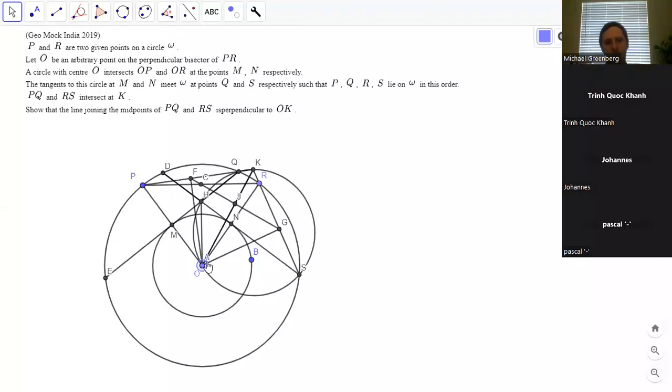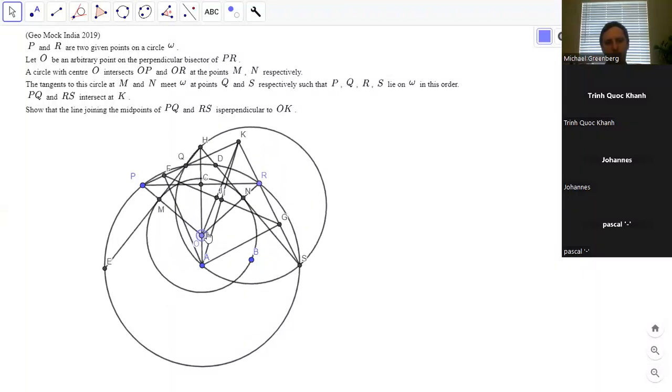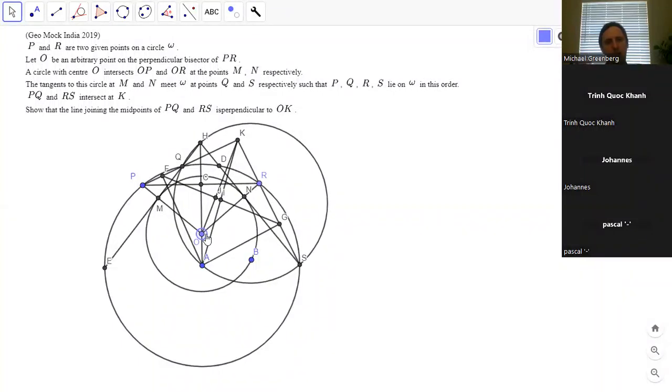Everything's symmetric, so obviously KO and KA would be orthogonal. But when O is not A, what's the best way to show it's orthogonal?